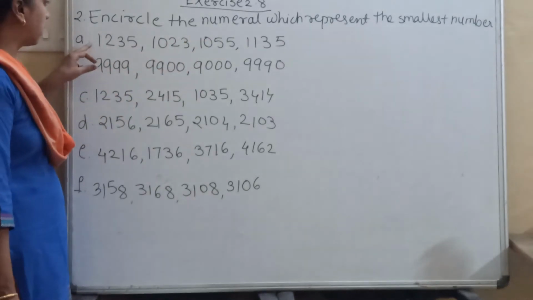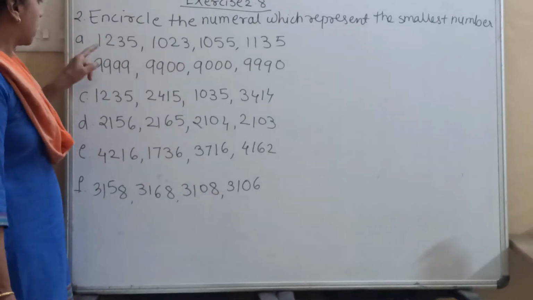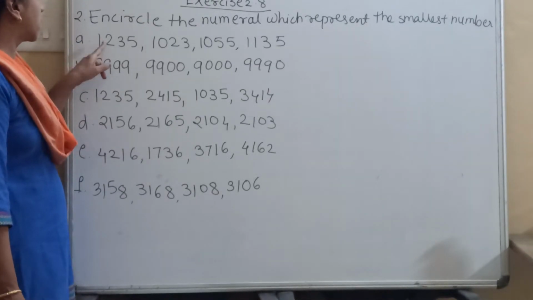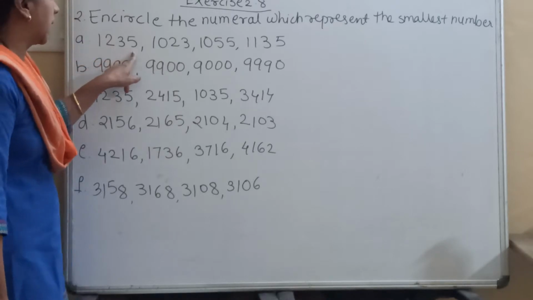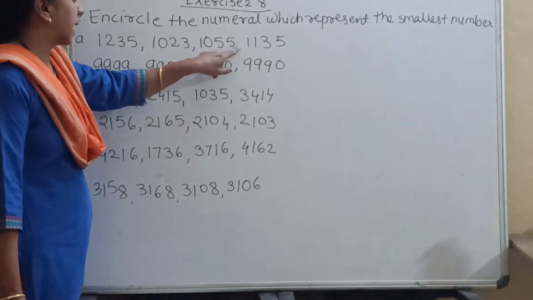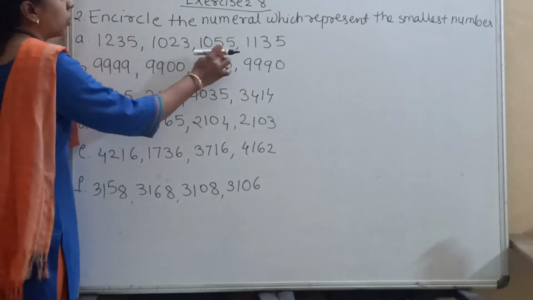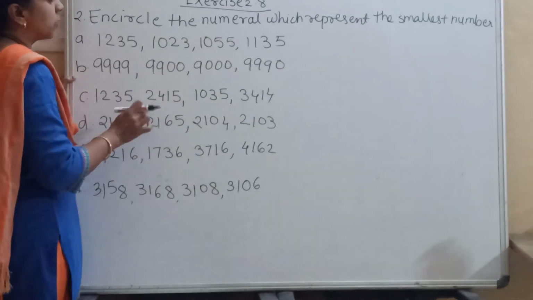So numbers are given here. So we have to find out the smallest number. Now first is 1235, then 1023, 1055, 1135. So among these 4 numbers, which number is smaller?